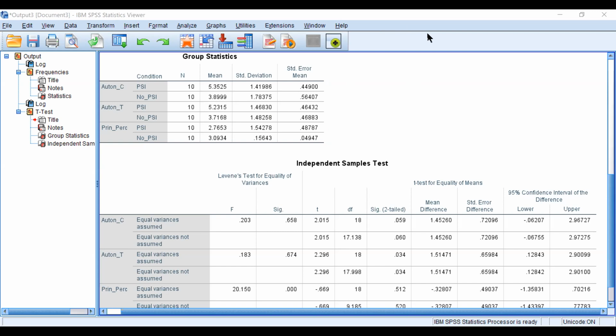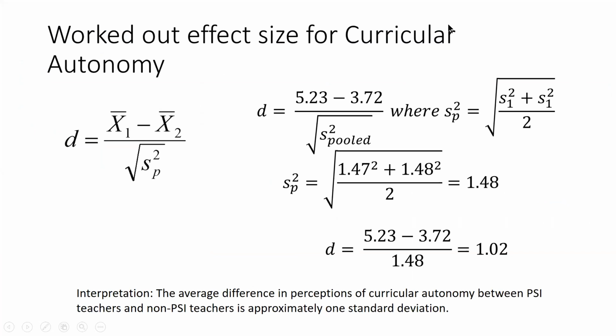So going back to the slides, D, Cohen's D, is one mean minus the other. Very simple. 5.23 minus 3.72. I rounded these off for presentation. Sometimes it's useful to keep them to the most available digits until the final step. It'll alter the results slightly.